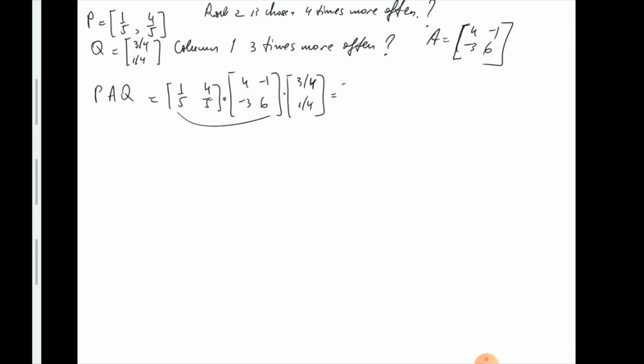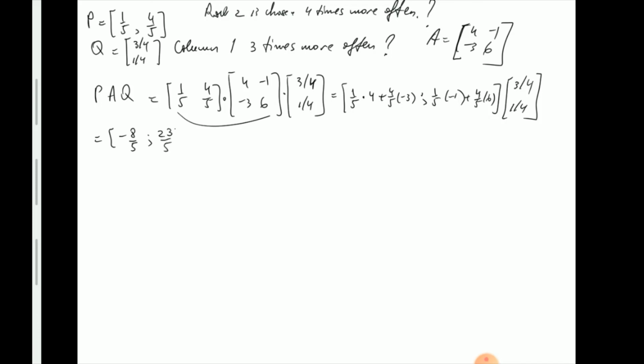The first one gives you a row matrix: 1/5 times 4 plus 4/5 times minus 3, and 1/5 times minus 1 plus 4/5 times 6. 4 minus 12, that's going to be minus 8 over 5. 24 minus 1 on the top here, that's 23 over 5.